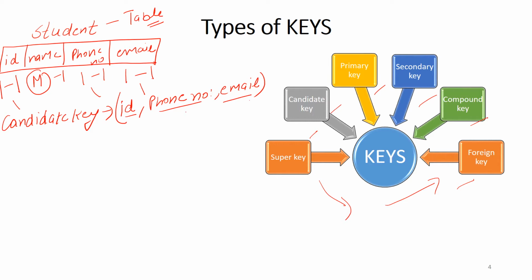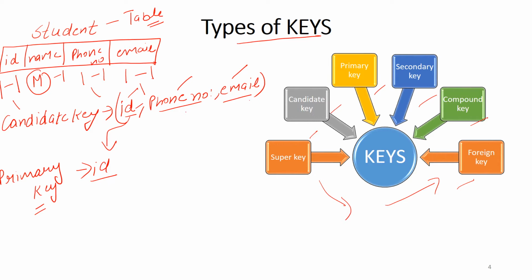All are key attributes, because each of the three can individually identify the data. From this candidate key, we are going to make the ID attribute a primary key, because each table has only one primary key, and the primary key will be taken from the candidate key.